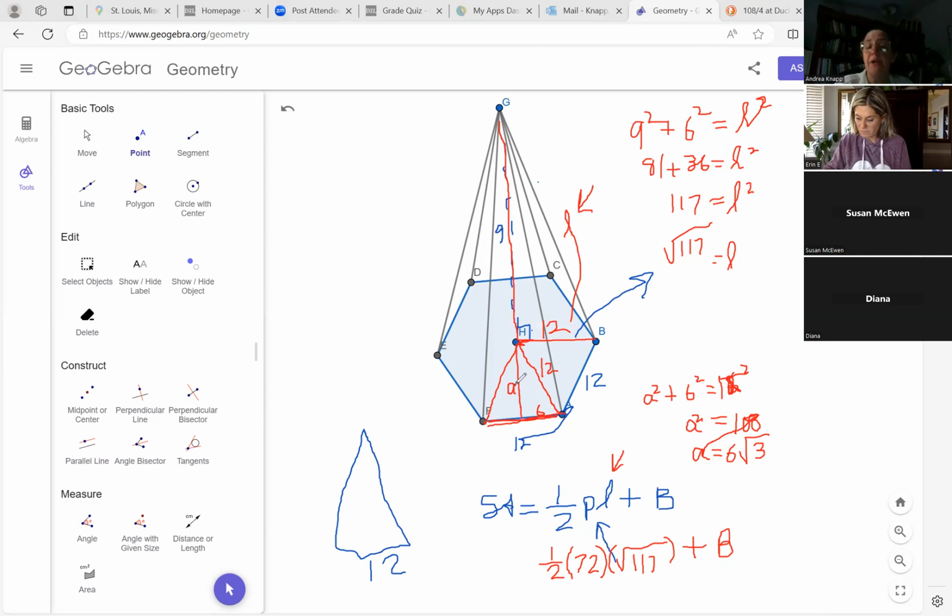So now that we have the apothem a, we can find the area of this little triangle. We have a half times the base times the height, which is 6 root 3.